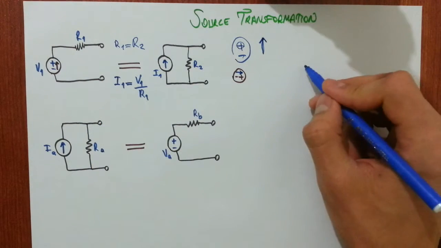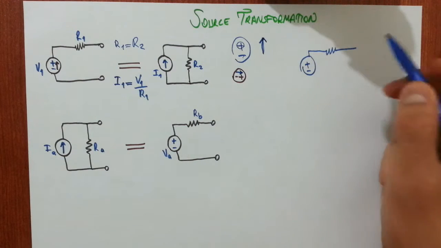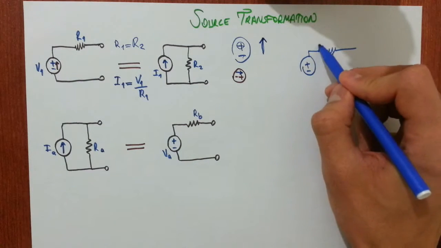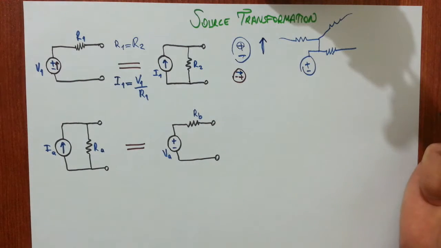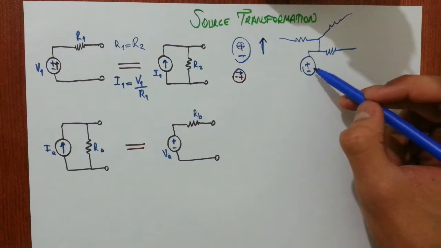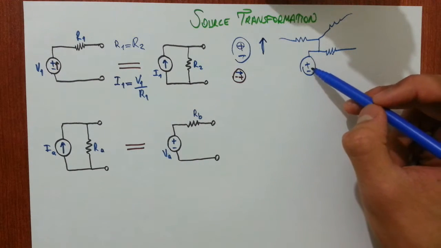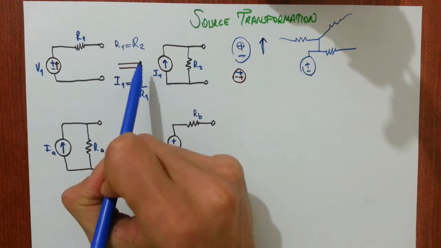And what I want to point out in this case is that please be cautious with the resistance. If you have a circuit like this, this is your resistance, this is another branch going, this is another branch going, okay? If you can't find any resistor in series with the voltage source, you cannot make this transformation.